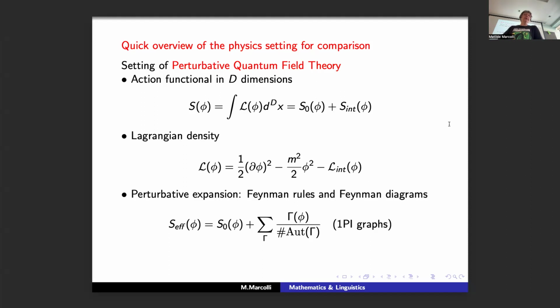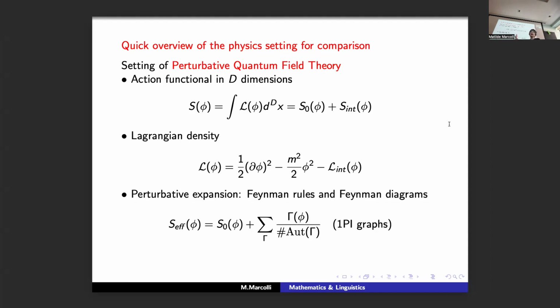If you have such a quantum field theory, you're specifying an action functional. So you have a certain Lagrangian density, which usually has a kinetic term, and the signs depend on whether you are in Lorentzian or Euclidean signature. That doesn't matter at the level of generality I'm keeping here.